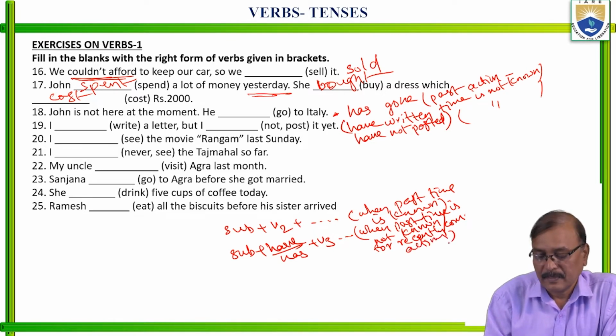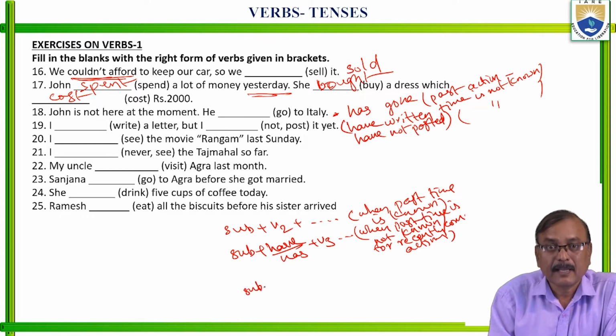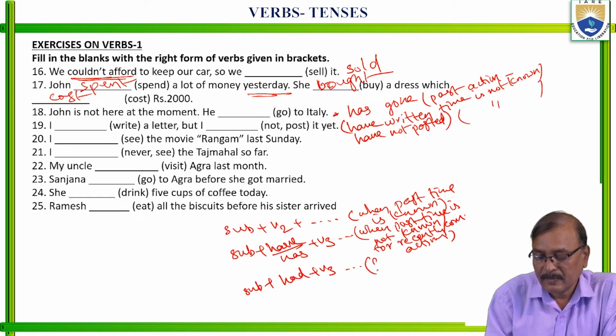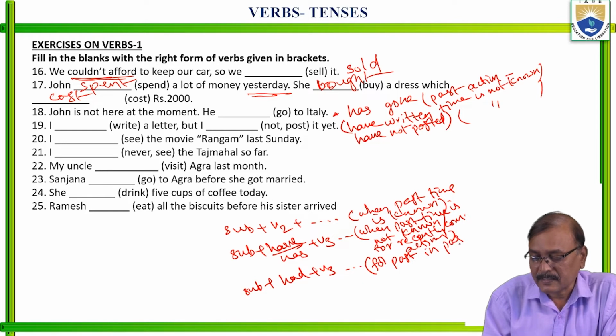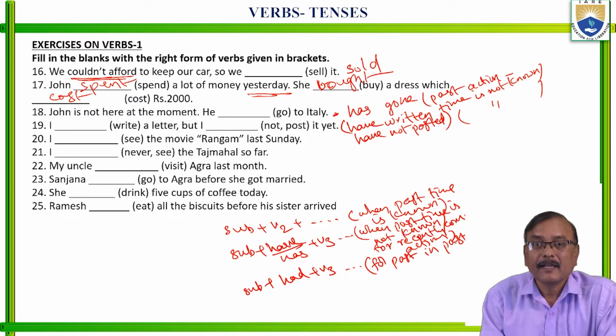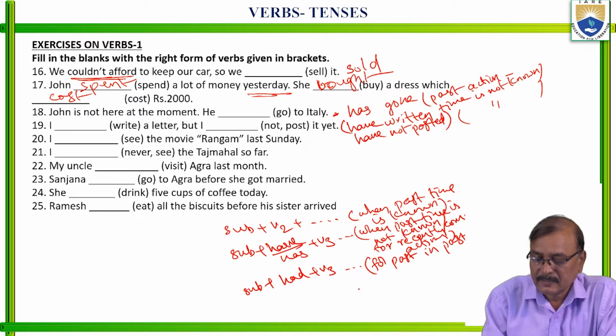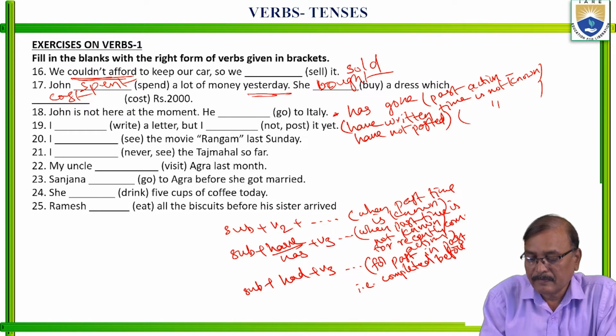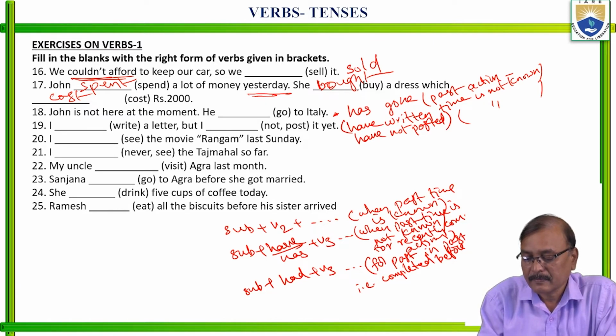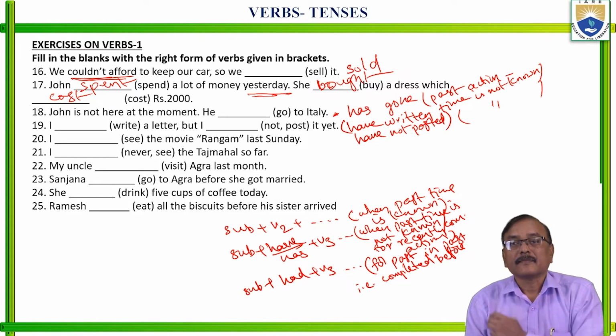Right. Subject plus had plus V3 for past in past actions. Means completed before another past action. That is completed before or by another past. Okay?